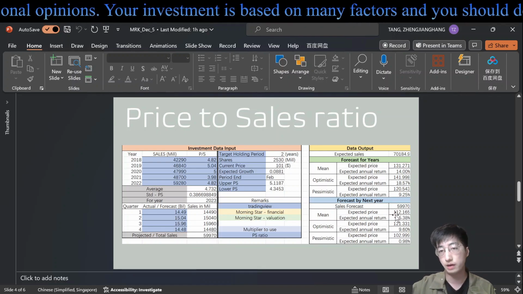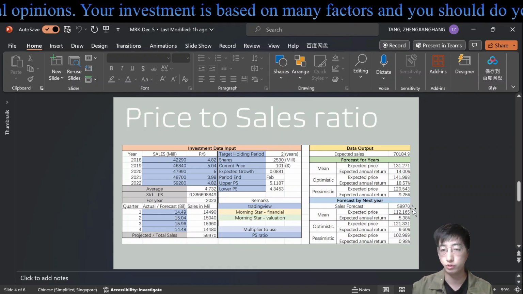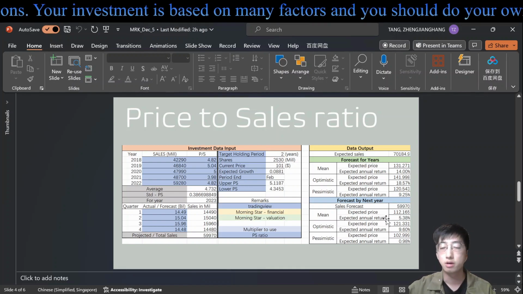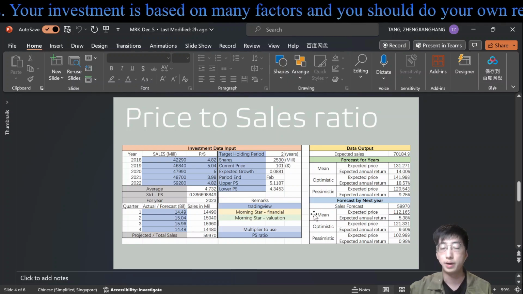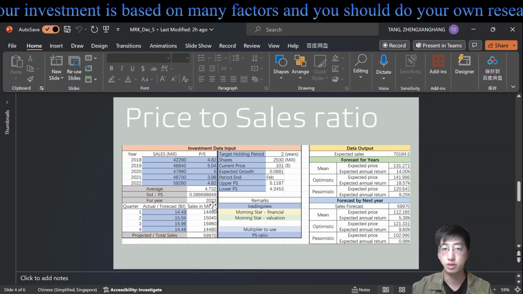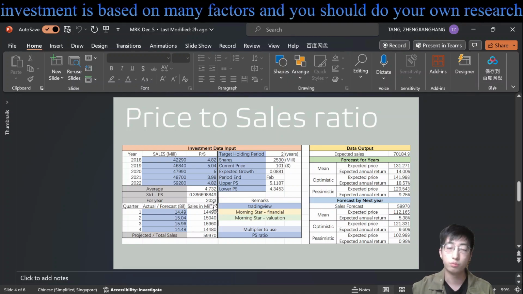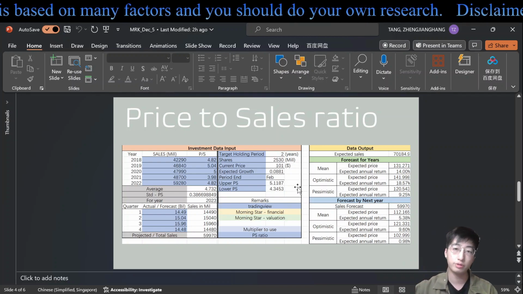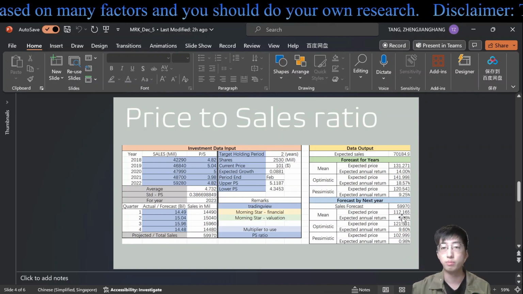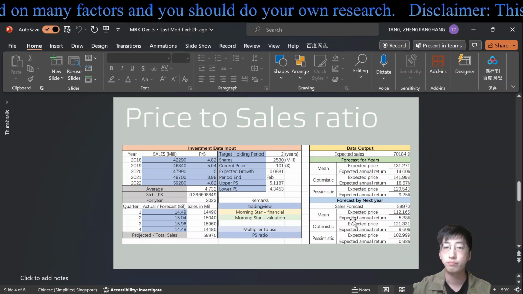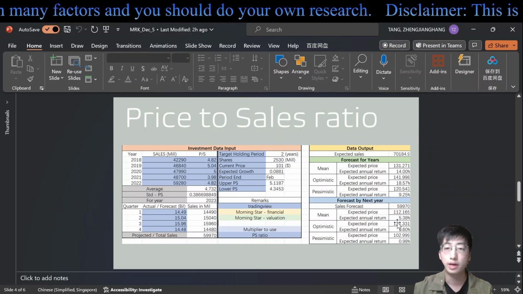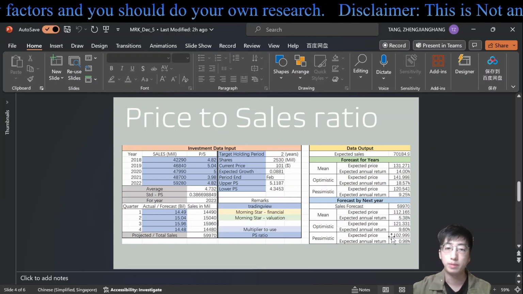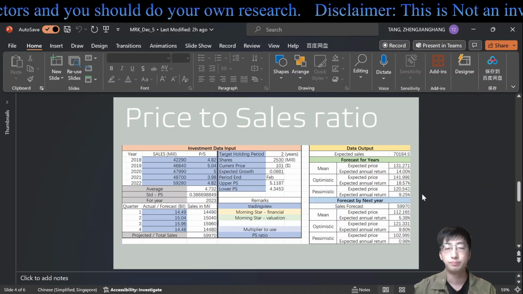After we consider the projected total sales with the price to sales ratio, we can calculate the expected price by the end of the last quarter of 2023, which is next January or February. By then, I expect this stock to go up to 112 on average. To be optimistic, it could go up to 121, but pessimistic is $102.